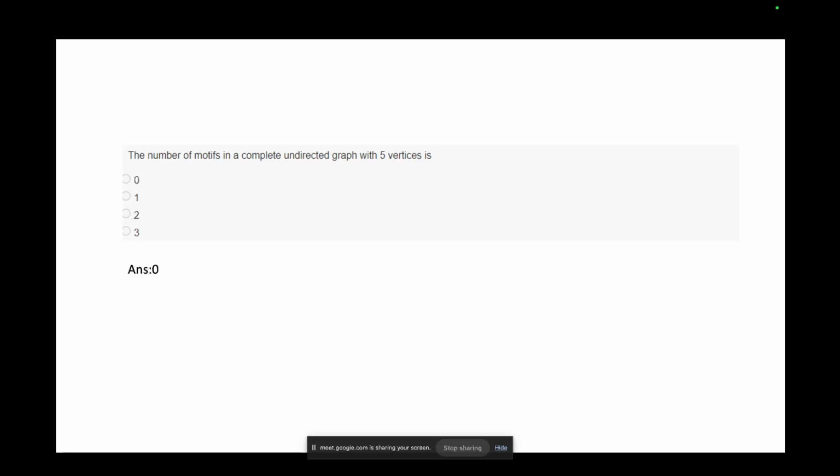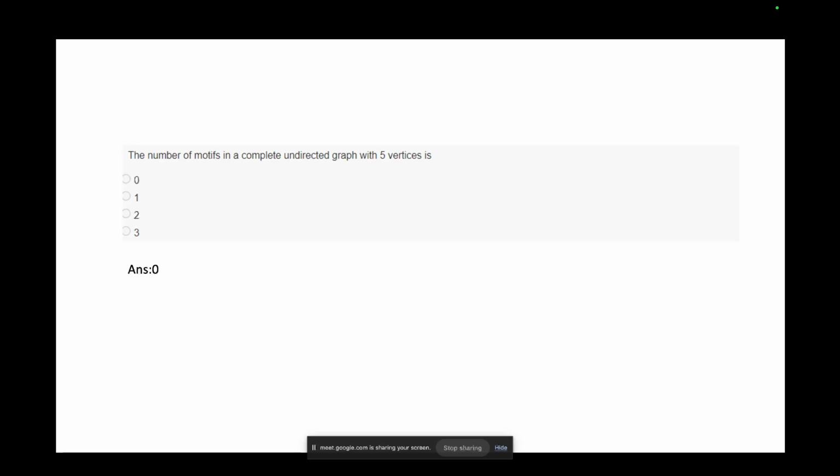Okay, so technically the given answer is zero. I'll tell you why it is zero. They're considering that there are five nodes in the network and everything is connected. So the whole graph is connected, so there is no individual subgraph containing the most connections. So from that perspective, it is zero.